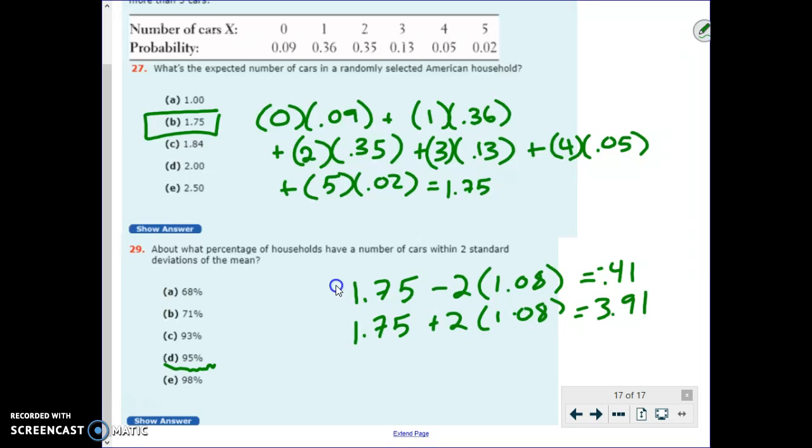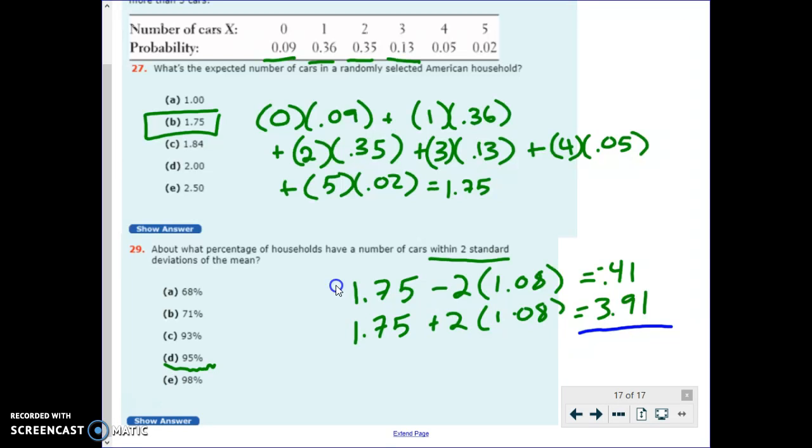So this range, within 2 standard deviations of the mean, includes households that have 0 cars, 1 car, 2 cars, up to 3 cars, but it doesn't go all the way to 4 cars because 2 standard deviations above is 3.91.